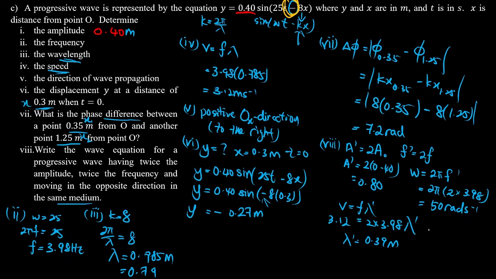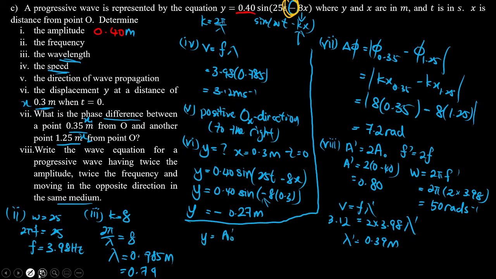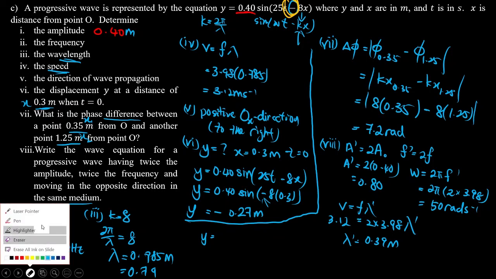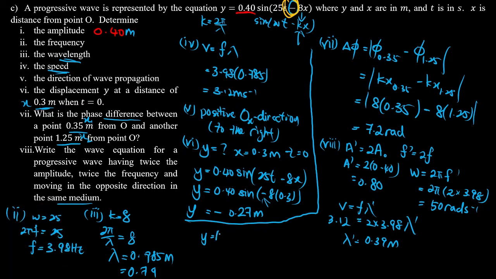Let's draw a line first so that you don't get confused. Your new equation is y equal to the new amplitude A prime times sine of the new omega t.